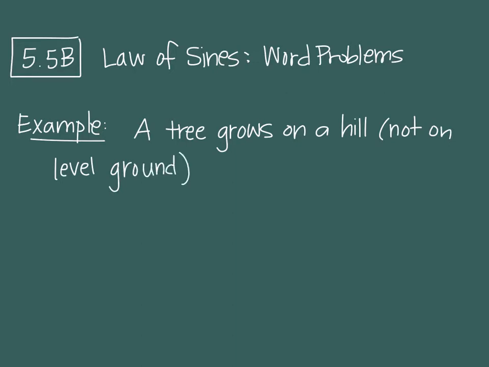Okay, but this is not level ground. It grows on a hill. This hill has a slant to it. And the elevation of this is 5 degrees, 45 minutes. Now that's DMS, which means your problem should be in DMS the whole time.